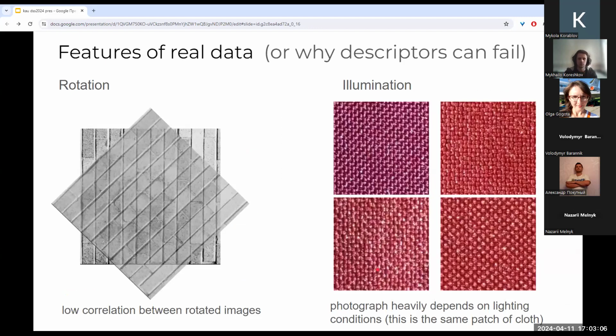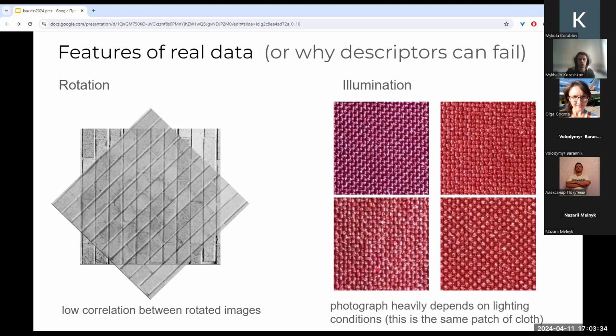Something to bear in mind when we are talking about textures: there are some transformations that the texture should be invariant to. For example, when you are looking at a texture of a tablecloth or of a brick, you can recognize it no matter from what angle you see it, or what the lighting conditions are.